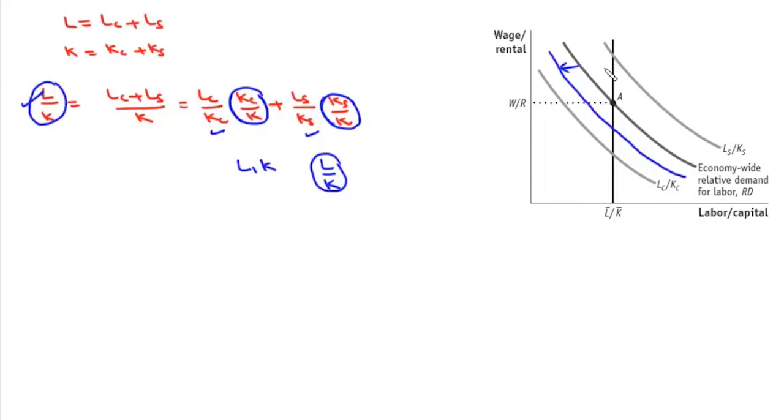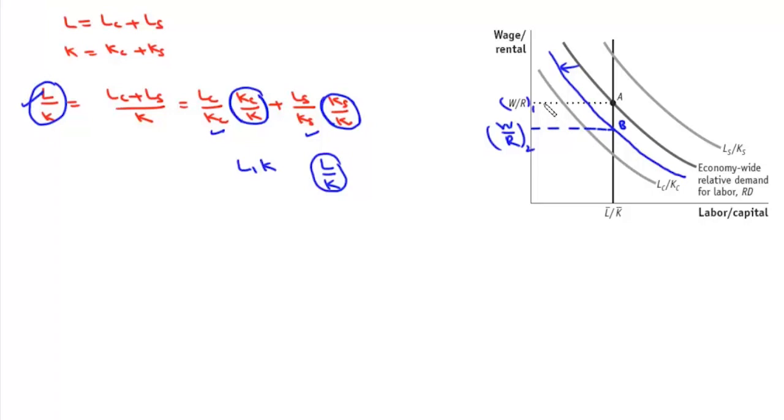When this demand curve shifts towards left, then we'll have a new equilibrium at this point B. So now wage upon rental is given by this value, and suppose it is W by R2. So it has moved from W by R1 to W by R2.